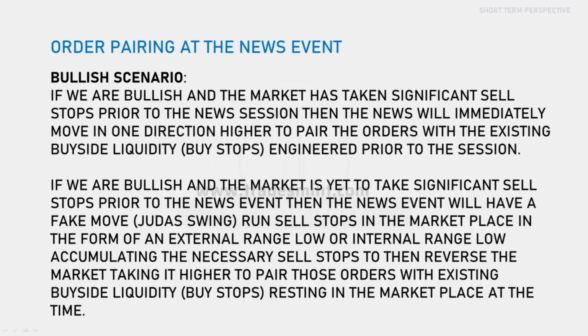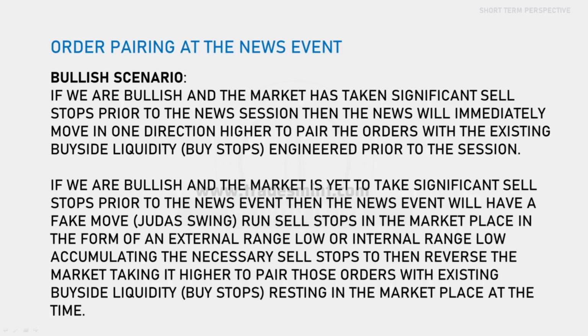Then they will call that a Judas swing, right, to run those sell stops in the marketplace in the form of external range liquidity low or external or internal range low, accumulating the necessary sell stops to then reverse the market, taking it higher to pair those orders with existing buy side liquidity, those buy stops resting at the marketplace at that time.